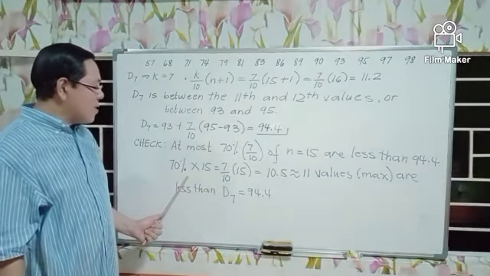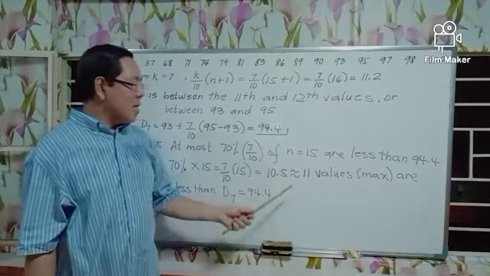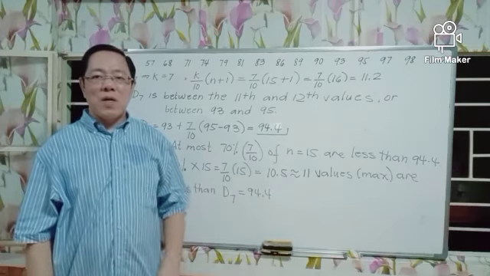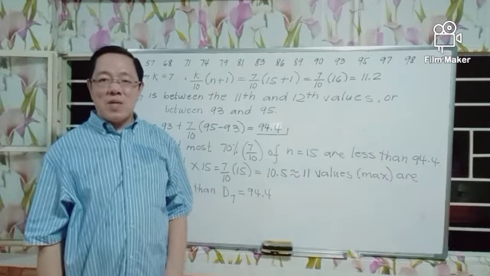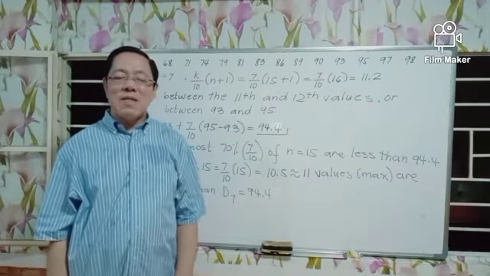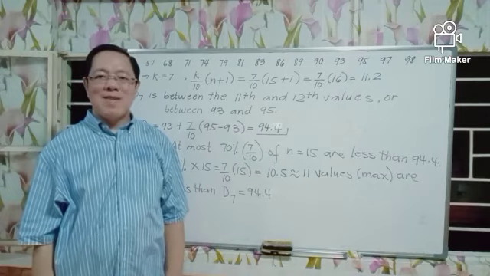Now, if 70% of this data, or at most 11 values, are less than the 7th decile, 94.4, it also means that 30% of these values are greater than the 7th decile, 94.4.